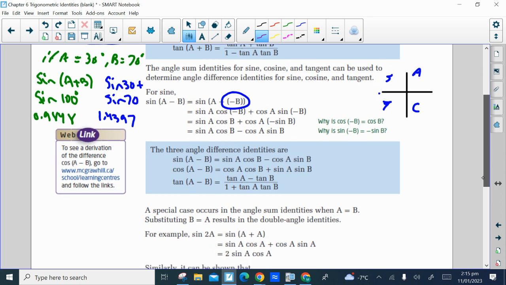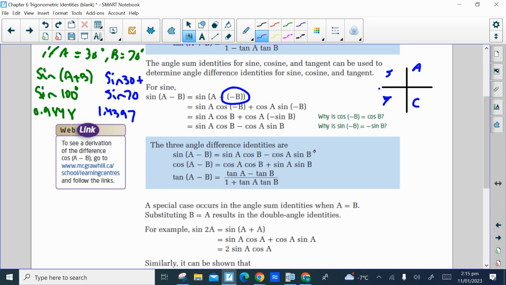And if we look up here, that's that one right there. That follows the pattern for the difference identities for sine. Sine A cos B minus cos A sine B. So this is the same thing as sine of A minus B, because that's what identity it represents.